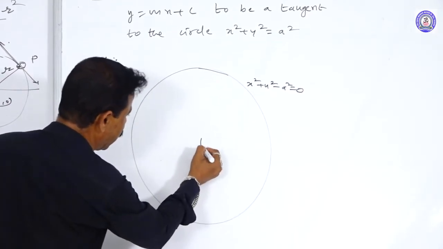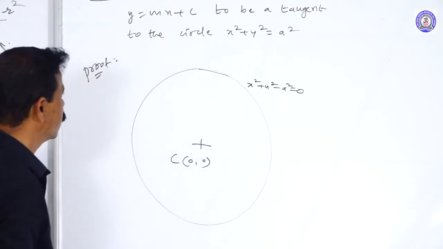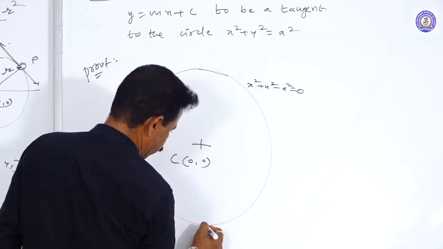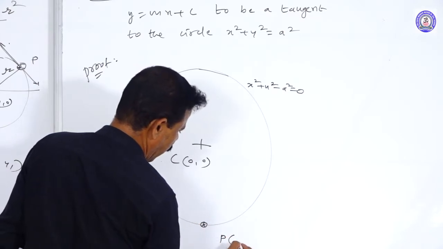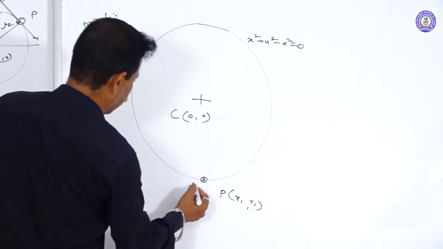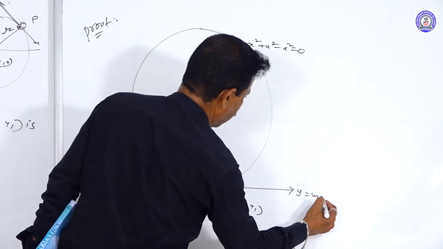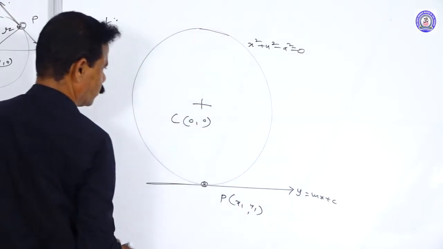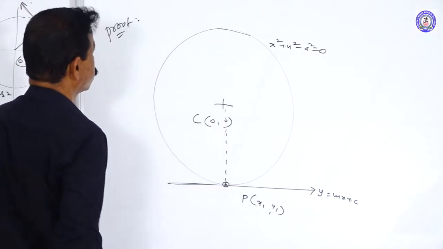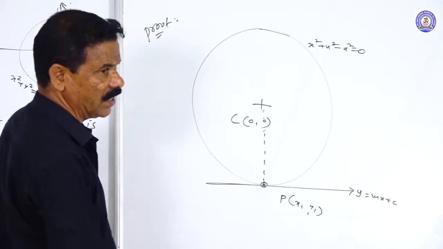For this circle the center is (0, 0). Any point on this line is P(x1, y1), and the line is given as y = mx + c. What is asked is the condition for the line y = mx + c to be a tangent.